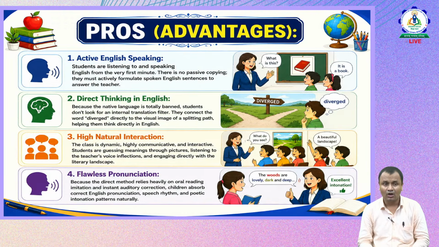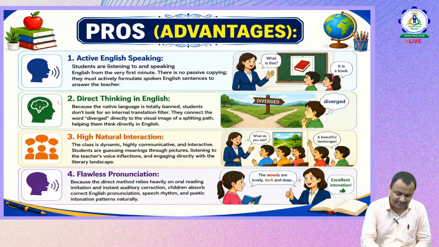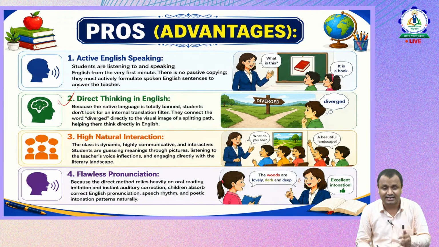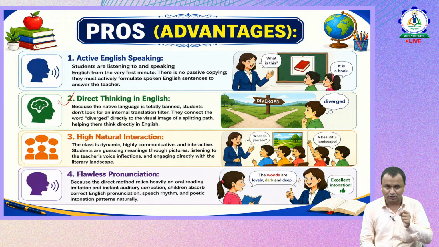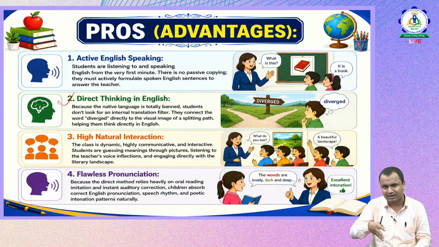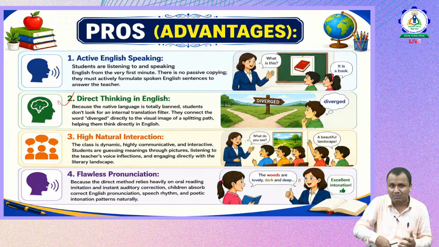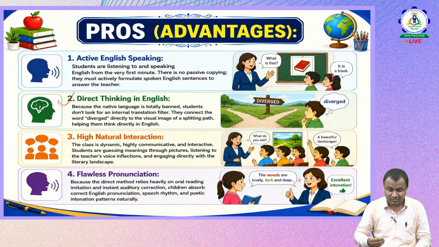Second, we promote direct thinking in the target language. Whatever language we need to teach, we give the opportunity to the student to communicate in that particular language, and eventually this habit makes the student a sharp and shrewd mind in terms of thinking in that language directly.